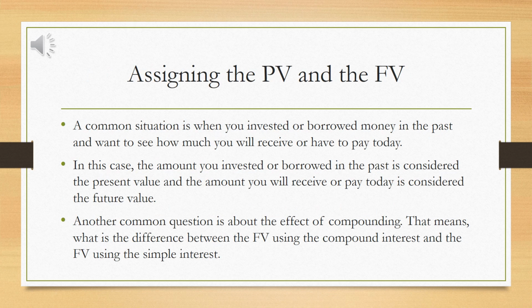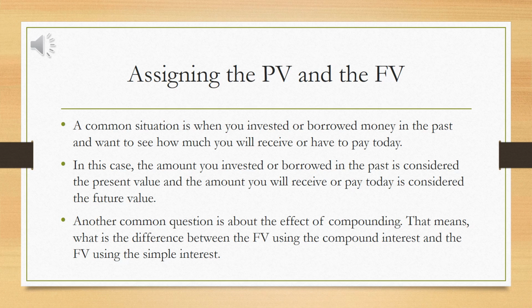A common situation is when you invested or borrowed money in the past and want to see how much you will receive or have to pay today. In this case, the amount you invested or borrowed in the past is considered the present value, and the amount you will receive or pay today is considered the future value.